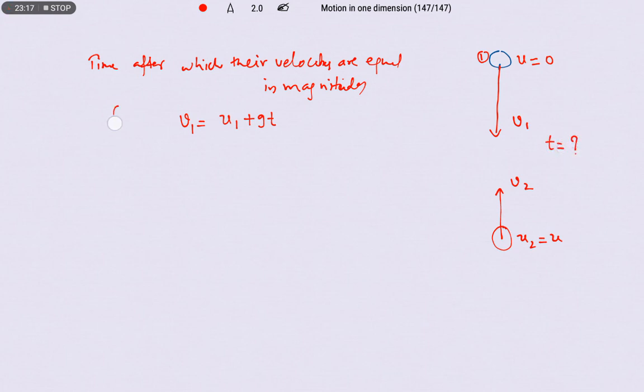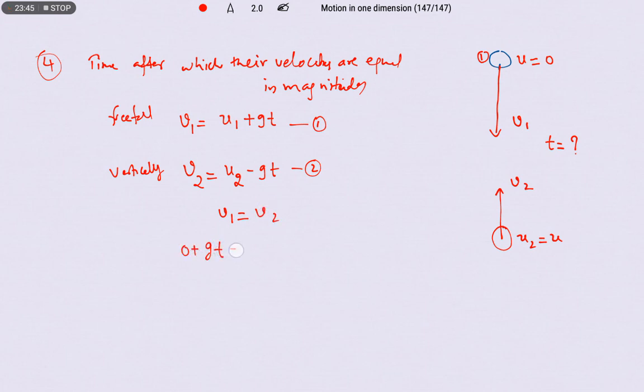Next, this is for free fall. Next, for the vertically projected body, what can we write? v2 is equal to u2 minus gt. So this is number 1 and number 2. Right, they are asking their velocity should be equal. So u1 is 0. So 0 plus gt is equal to u minus gt.